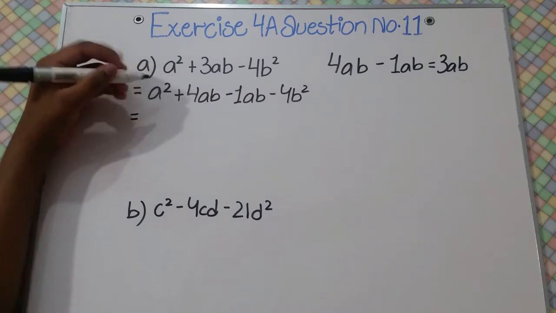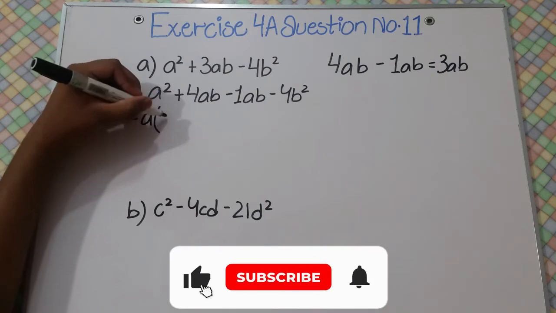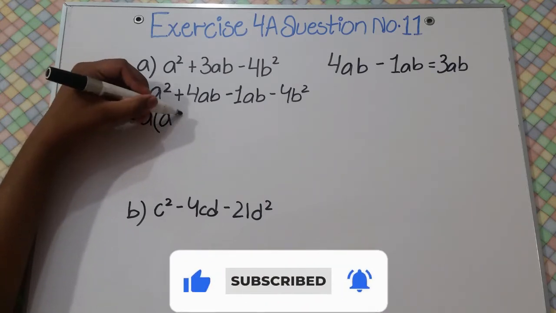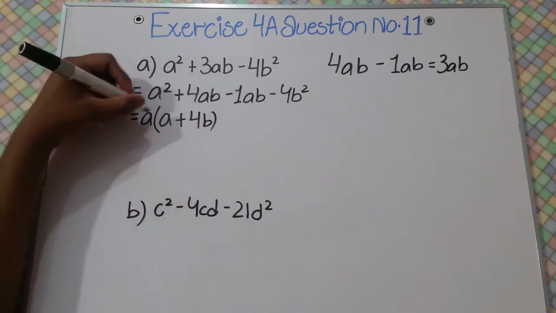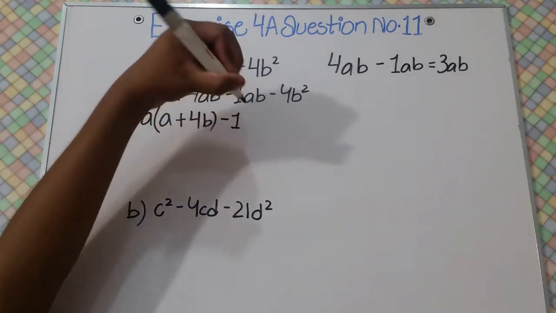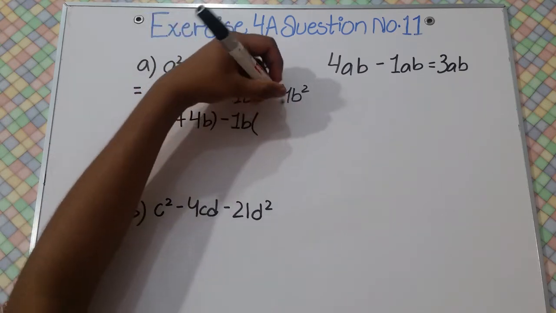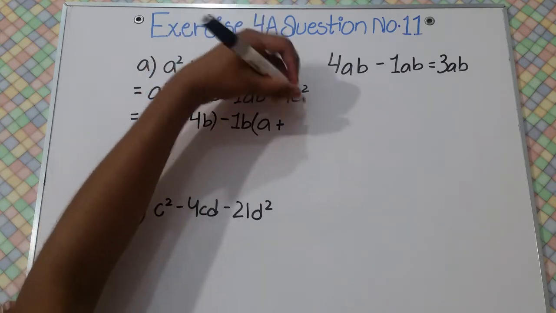Now we are going to take the common. Over here the common is a, and as it's a square, 1a would be inside and then 4b, because a multiplied by 4b is 4ab. Then minus 1b is common. Then a, minus minus is plus, and then 4b.